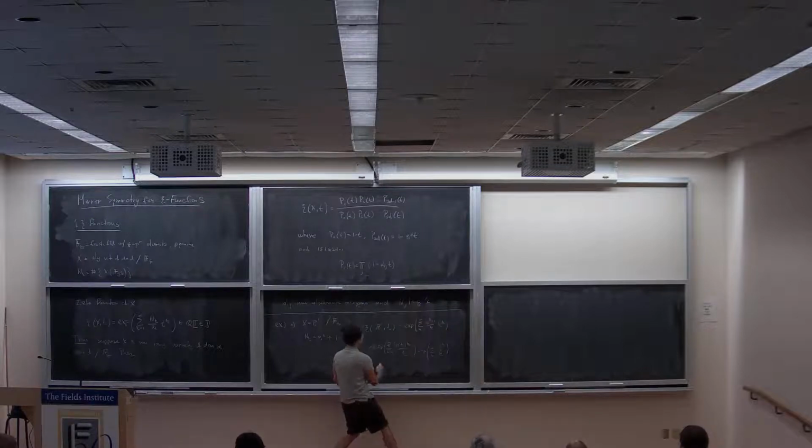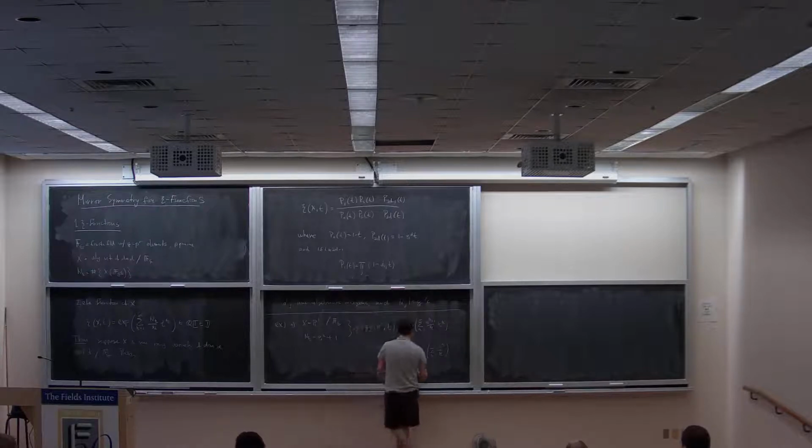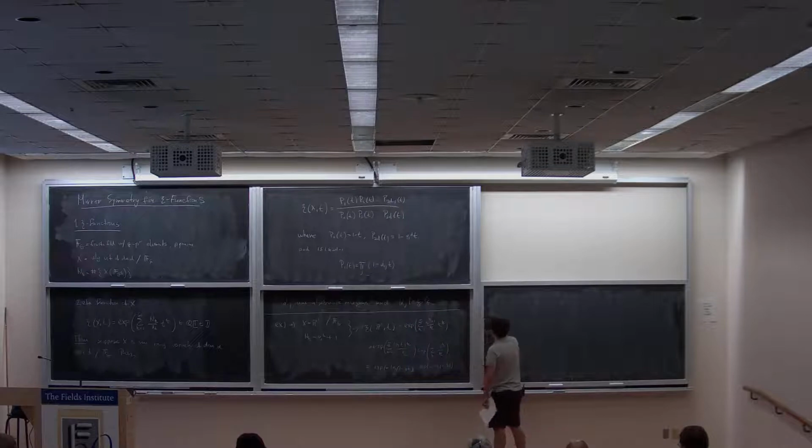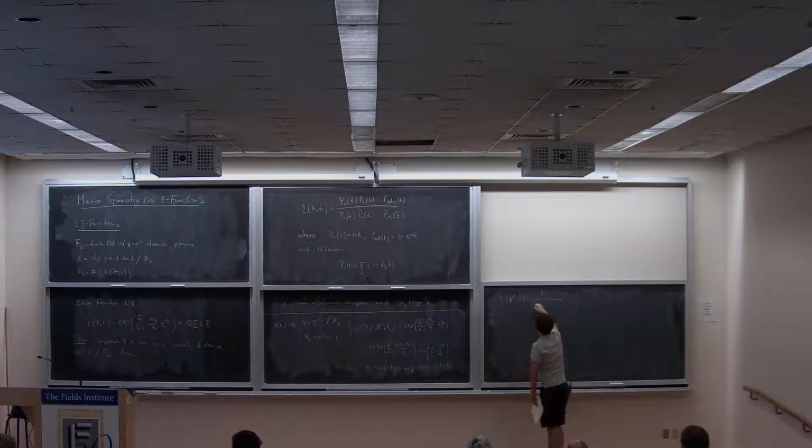And so this equals the exponential of minus log(1 minus qt), times the exponential of minus log(1 minus t). And what does that mean for the zeta function? It means that the zeta function of the projective line is just 1 divided by (1 minus qt) times (1 minus t).